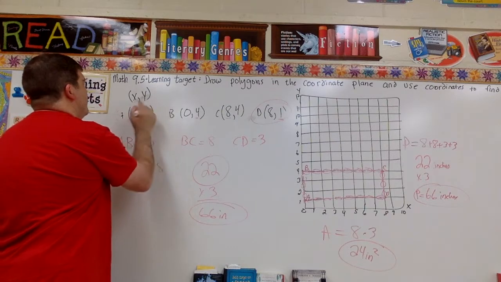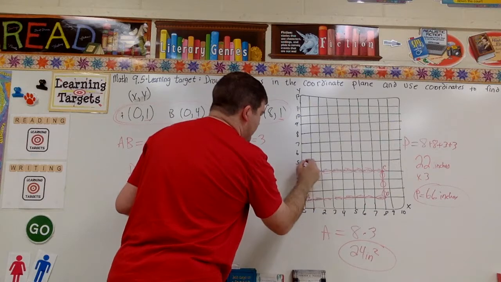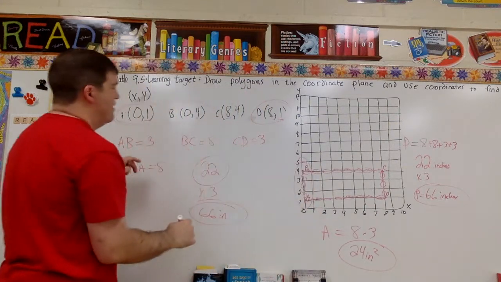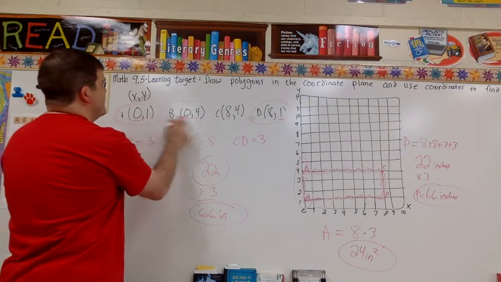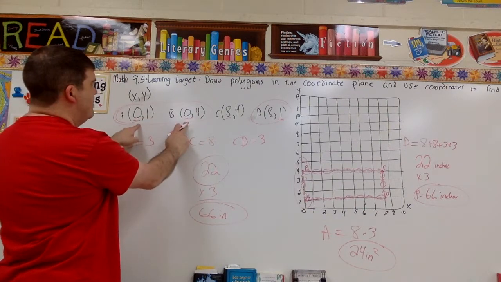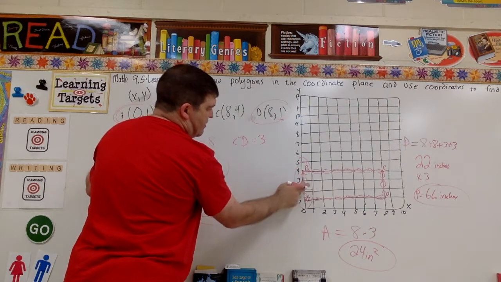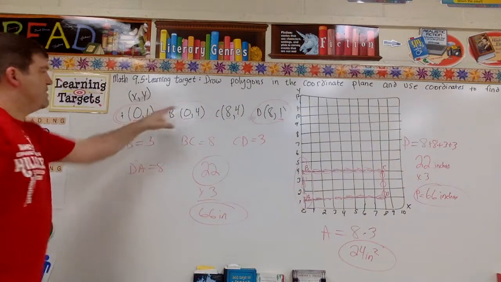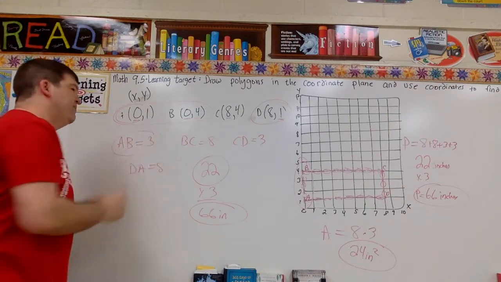I've got A and B. Here's A and B. I know the X's are both 0, so I got to find the difference between the Y's. And it's 1, 2, 3. There's 3 spaces, okay? And that's how I got the 3.